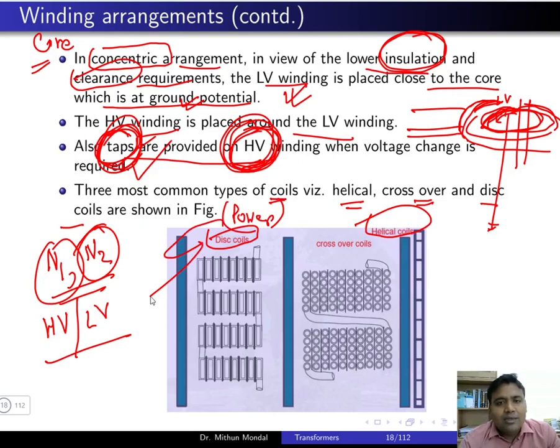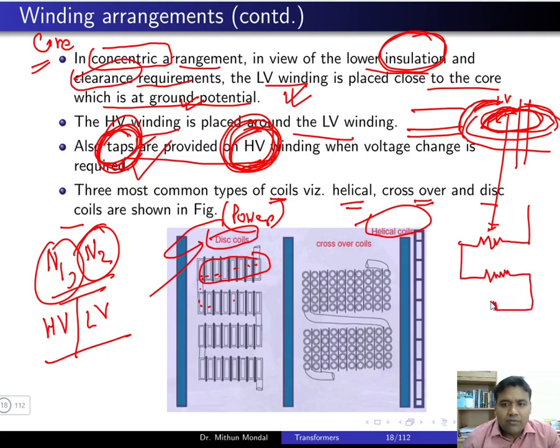Disc type coils are of rectangular cross-sectional area, where a particular disc has a number of turns and is then connected with the other disc. Generally the electrical diagram will be like this. This will be one resistance, and then this will be one resistance, and current will flow in this manner.